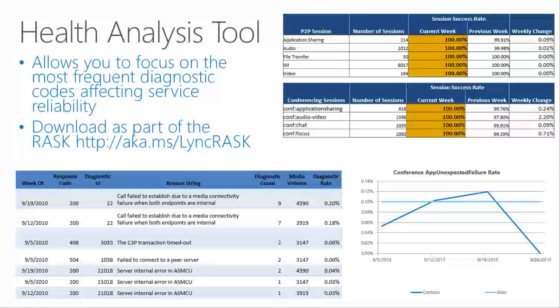And so in this health analysis tool, it's just an Excel spreadsheet where you can go in and put in the SQL server and database and a date range of things that you want to look at. And it'll go out and collect all this information and report back to you your session success rate. And you can define your levels of, what's gold, what's silver, what's bronze, what are my SLAs and what level of service do I want to make sure that I provide to my users.